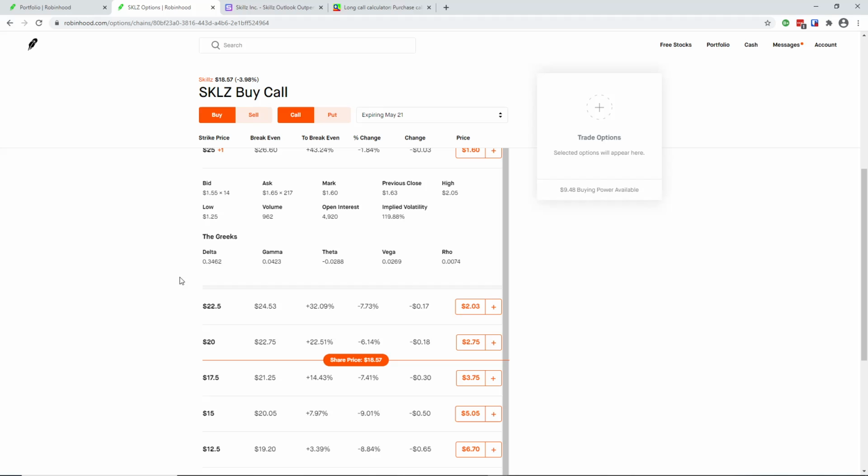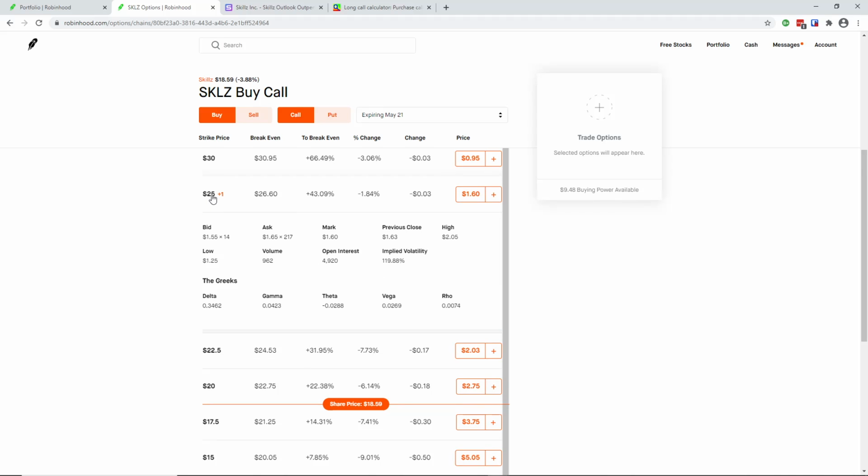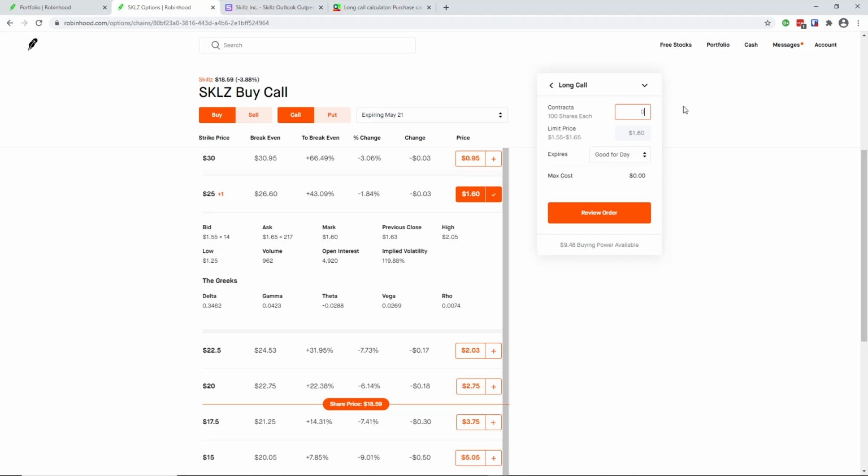So going back to Robinhood, you essentially just select this. You hit the plus sign, you hit continue here, and then you type one, and then here's your bid ask.